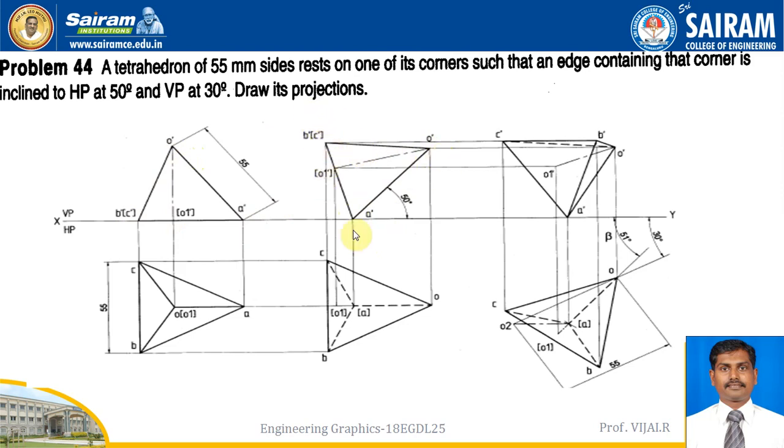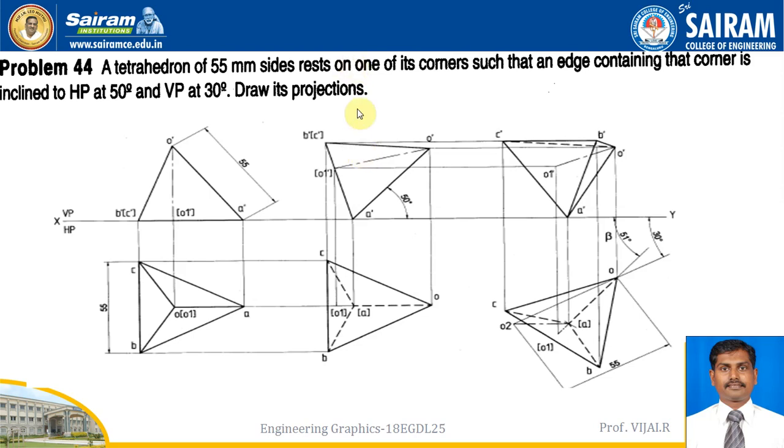So you can join, and the axis distance, measure from BC to O, the same distance has to come here. Don't draw the center. Whatever the axis is here, it should be replicated here. So once it is done, then we will go for the top view.